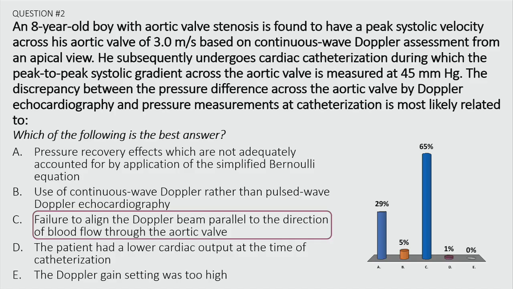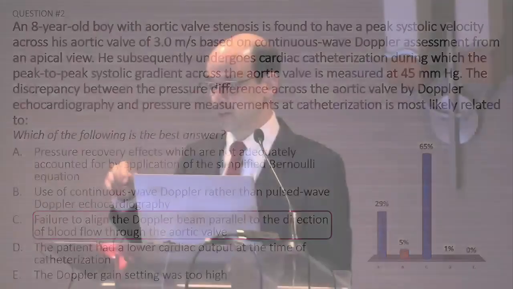So if we look at option A, pressure recovery effects which are not accounted for, pressure recovery typically leads to a lower measurement in the cath lab rather than a higher measurement. With Doppler echo, you're measuring the pressure at the vena contracta when the velocities are at their peak and the pressure is at its lowest, and then over a few more millimeters the pressure comes back up as you have pressure recovery.